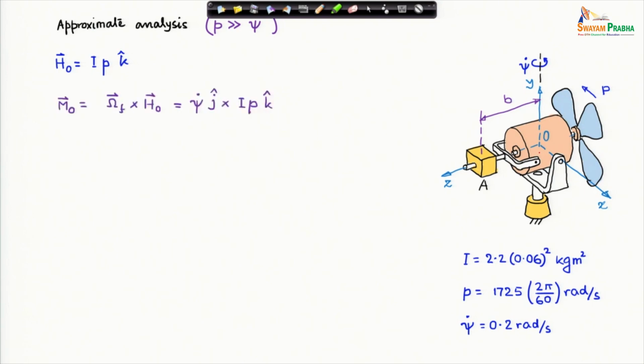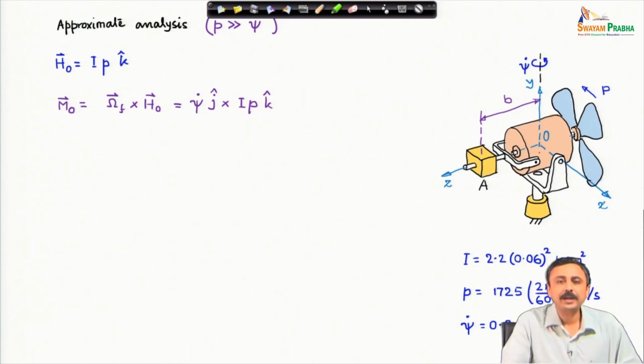Now, the moment acting about O is equal to the temporal rate of change of angular momentum about O, which is 0 because everything is constant. The only thing that remains is the frame derivative, and that is the angular velocity of the frame cross the angular momentum about O, and this is straightforward.